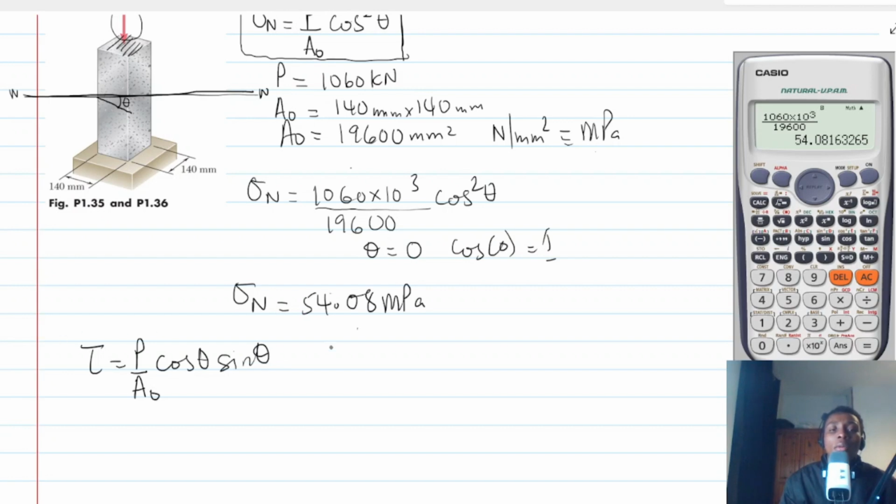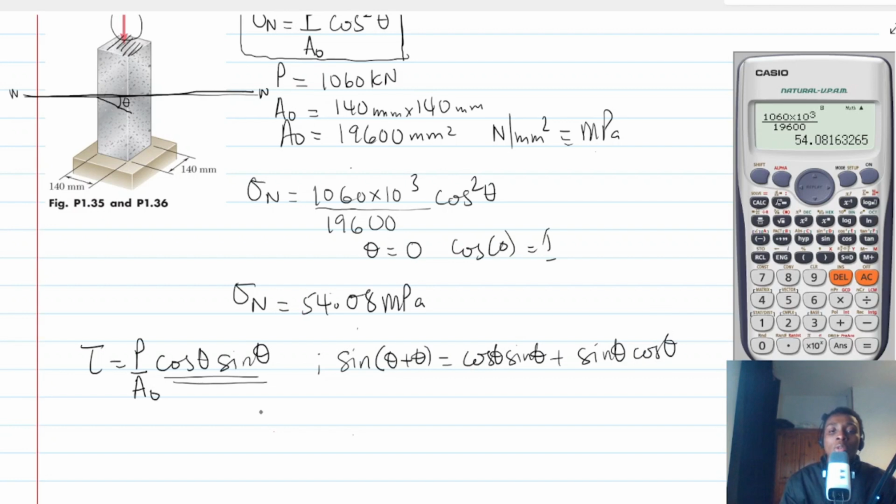To find the maximum, we can use the double angle formula: sine of theta plus theta is cos theta sine theta plus sine theta cos theta.